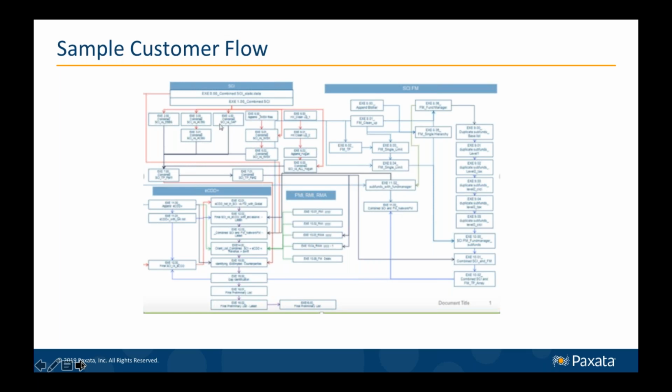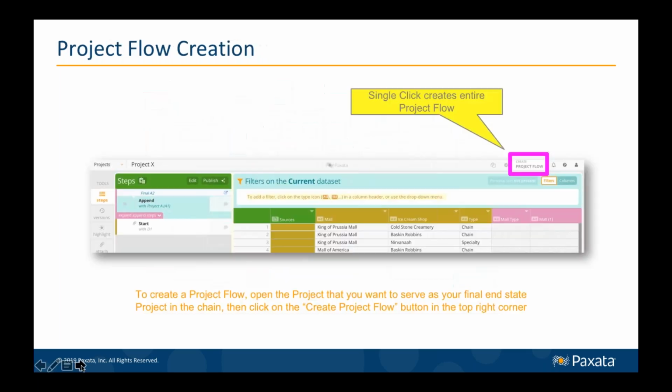In order to operationalize something like this, typically a business analyst would be expected to build this diagram out by drawing those boxes and connecting those lines together. What we've done with Paxata's intelligent automation in the Spring 2019 version is to turn that around into a single click. So as a business analyst, as you're interactively preparing your data prep steps, you could get to the final state, which produces the results that you want to work with in a BI dashboard or some other downstream application.